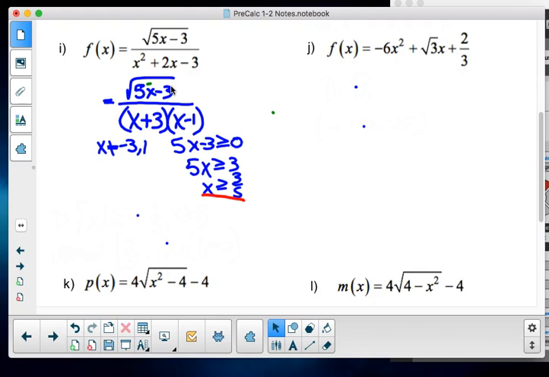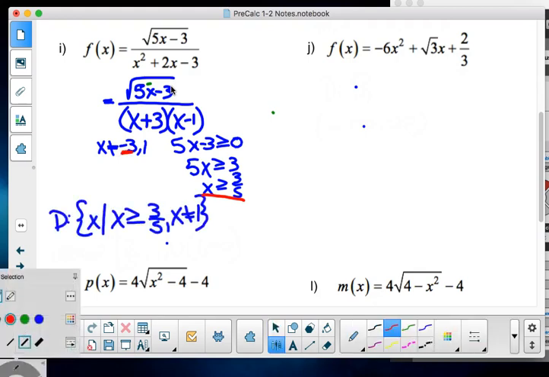Most of the time you say, well, x can't be -3. But would it matter? I don't include it, because this -3 is way off over there, further out than an outlier. The reason why I don't include it is because -3 is way less than 3/5, and that's really where I should start.